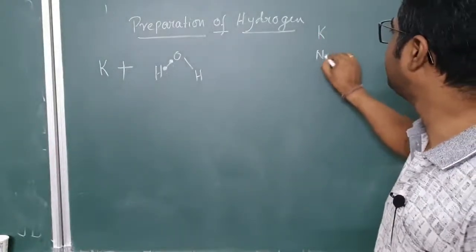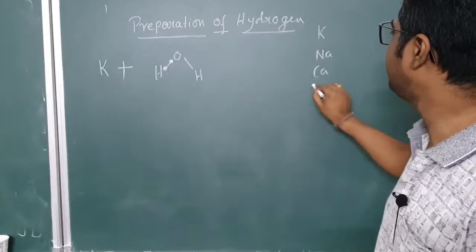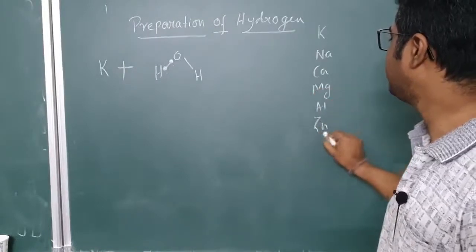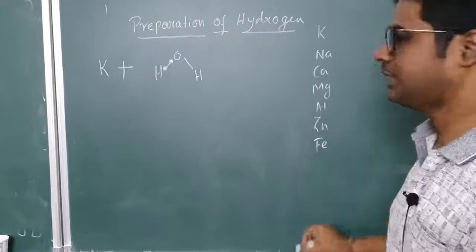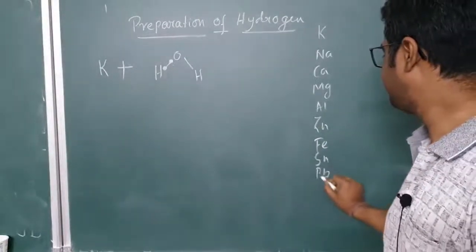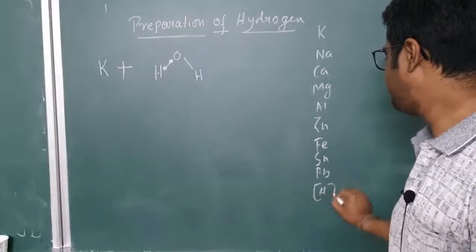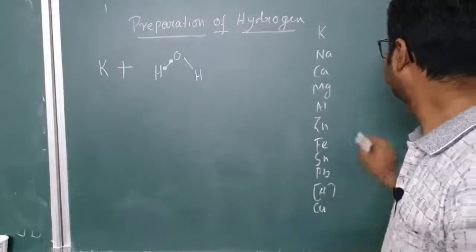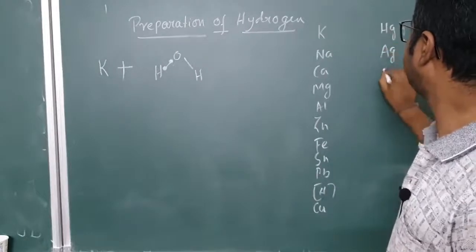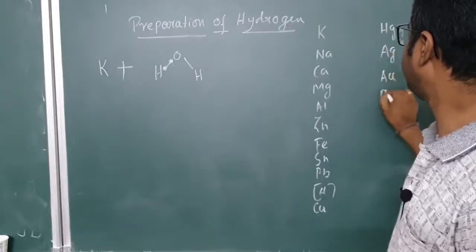Potassium, sodium, calcium. After that, Mg, Al, Zn, Fe, then Sn, Pb, H, Cu, Hg, Ag, Au, Pt.